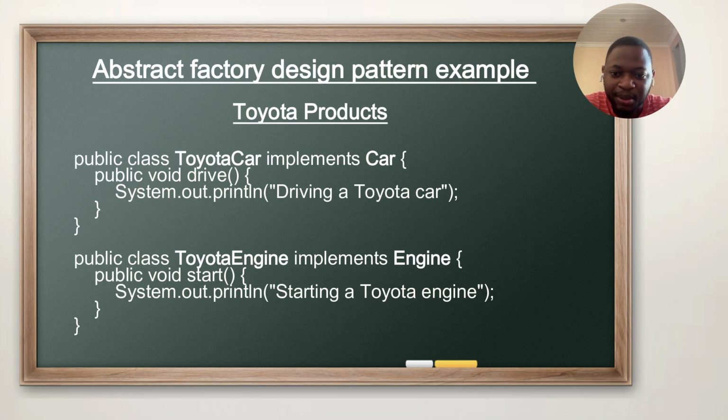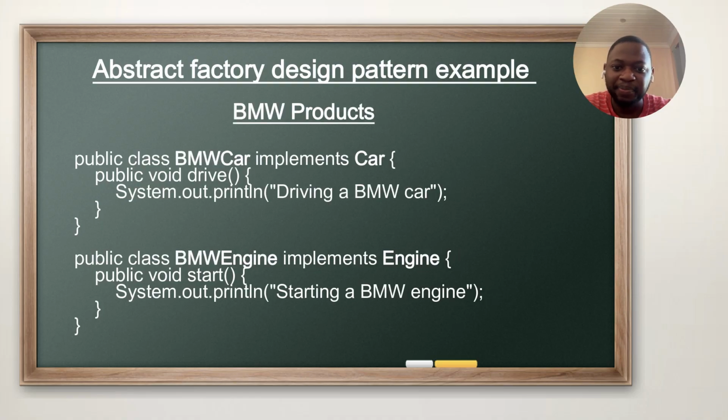Below that we have our Toyota engine class that implements the engine interface, and we are also required to implement the start method. When we invoke the start method from the Toyota engine subclass, we should have starting a Toyota engine printed out on our console. Let's go on to the next slide.